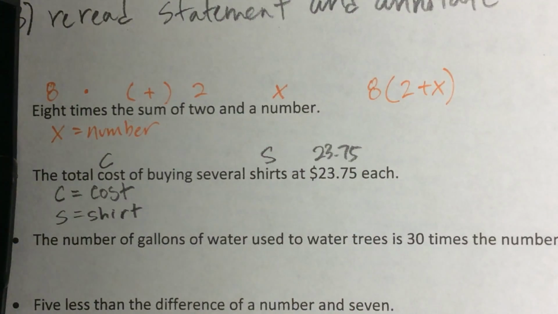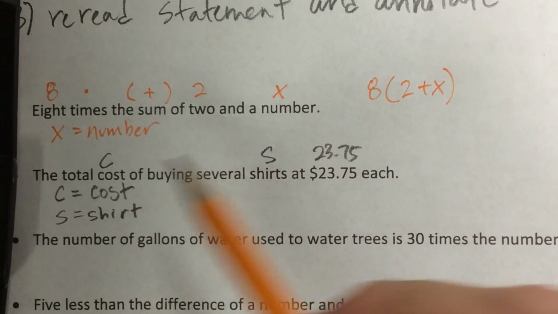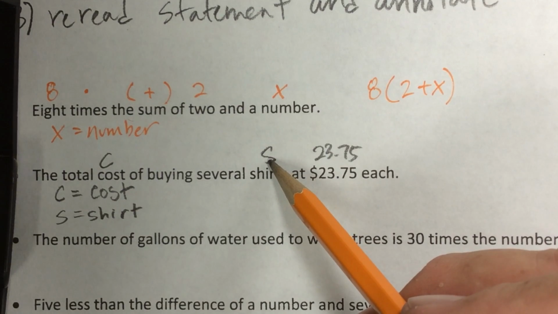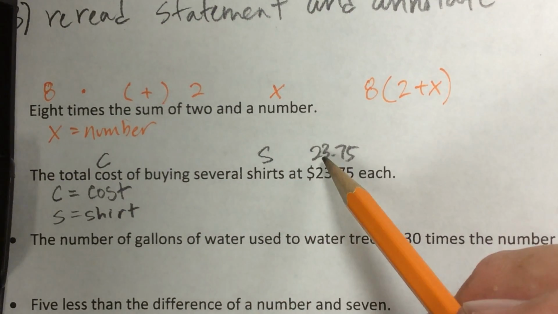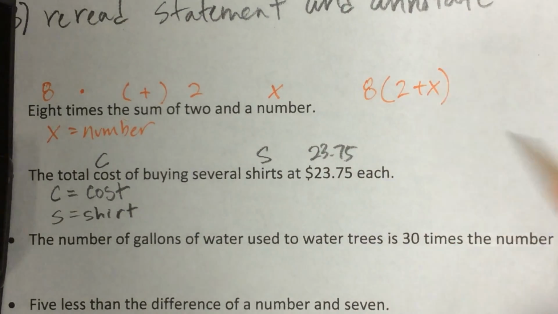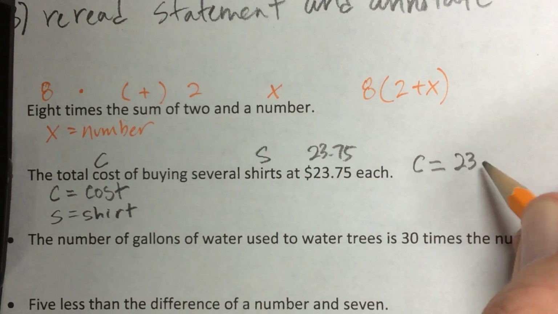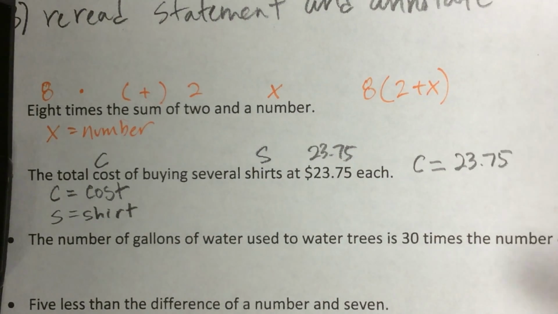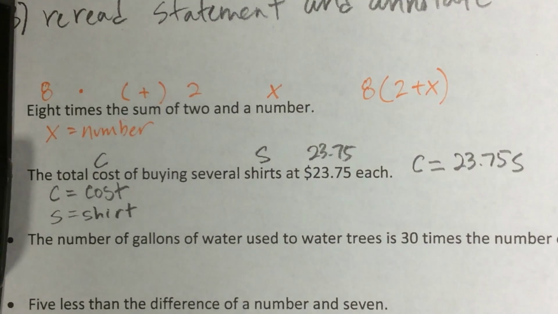But from shopping and knowing things, we know that the cost is going to be equal to the number of shirts we buy. And in order to figure that cost out, we're going to multiply each shirt we buy by how much it costs. So the cost is equal to $23.75, because that's how much each shirt costs, times S.